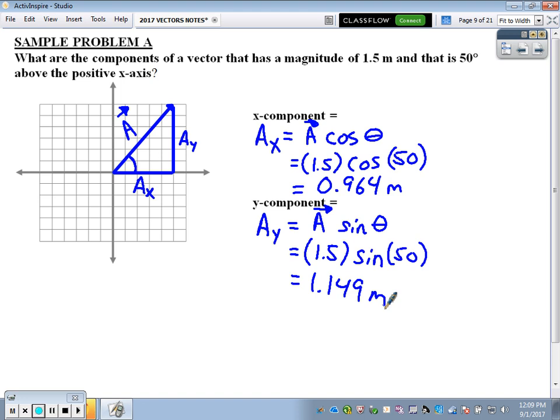Okay. So when you're trying to think about the sign of AY, you look at whether it's up or down along the axis. Look along that axis. Okay. Because that's what the component is. It is the magnitude of whatever this hypotenuse is along the x-axis and then along the y-axis.